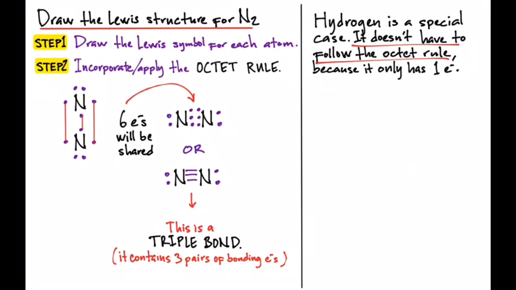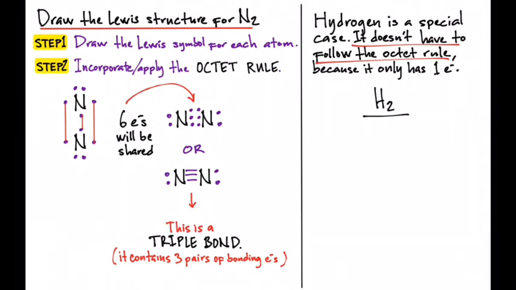So once a hydrogen becomes isoelectronic with helium, then it will become stable because it's isoelectronic with the noble gas, meaning the first shell or the first principal energy level will now be completely filled with 2 electrons. And so hydrogen only needs one single bond and it will be stable, as stable as a helium atom.